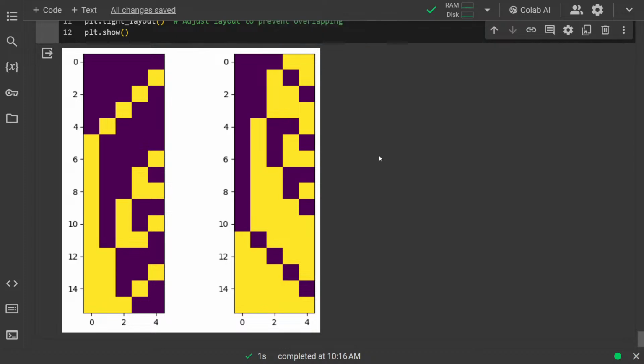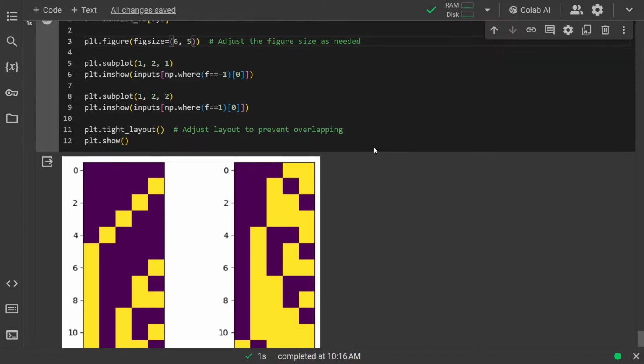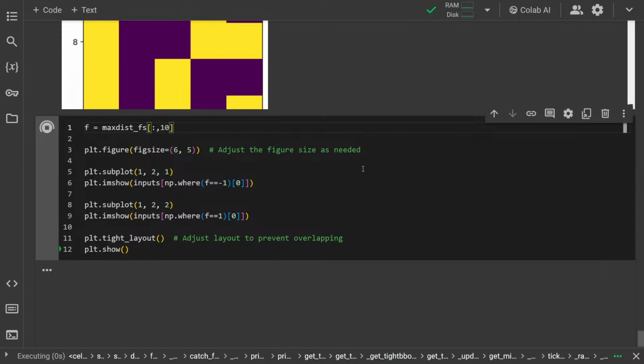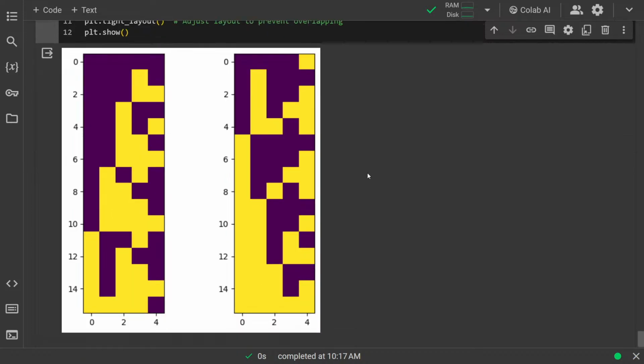Okay, alright, we're back. Good. Yeah. So I mean, this is the accept set. This is the reject set. I mean, like, obviously they are reflections with negation or whatever. So yeah.